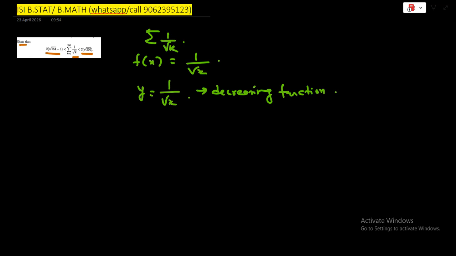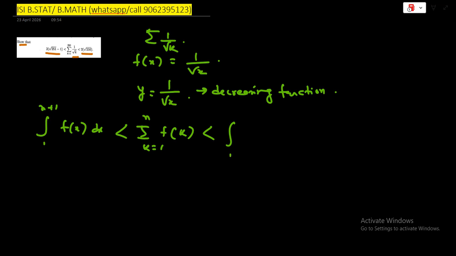So for a decreasing function, we have integration 1 to n plus 1 of f(x) dx is less than summation k equal to 1 to n of f(k), which is less than integration 1 to n of f(x) dx plus f(1). But we will use a cleaner standard idea.